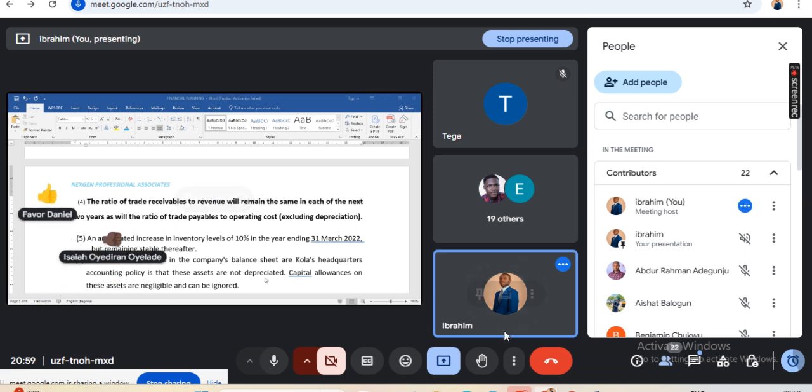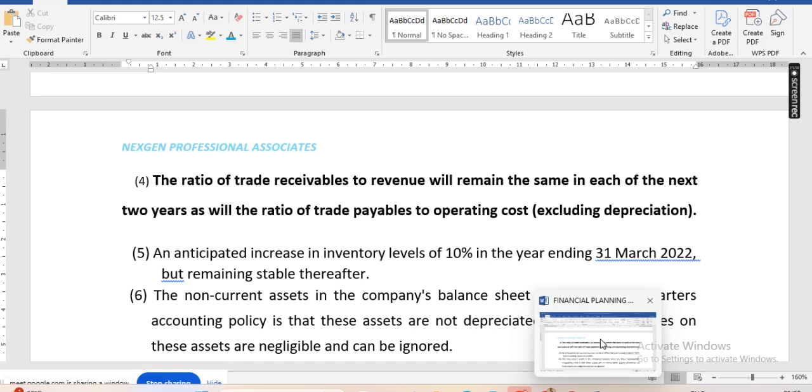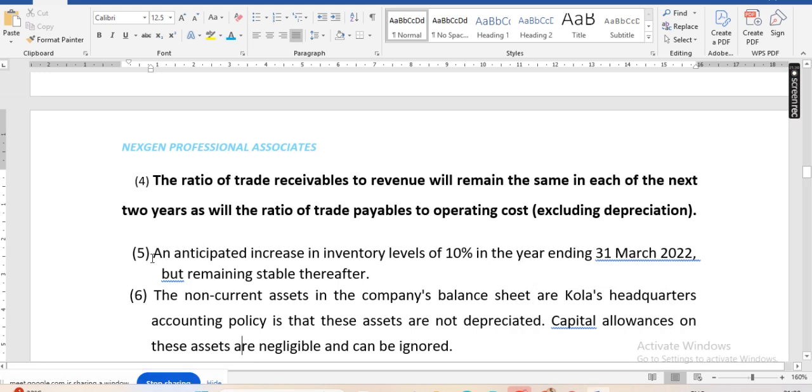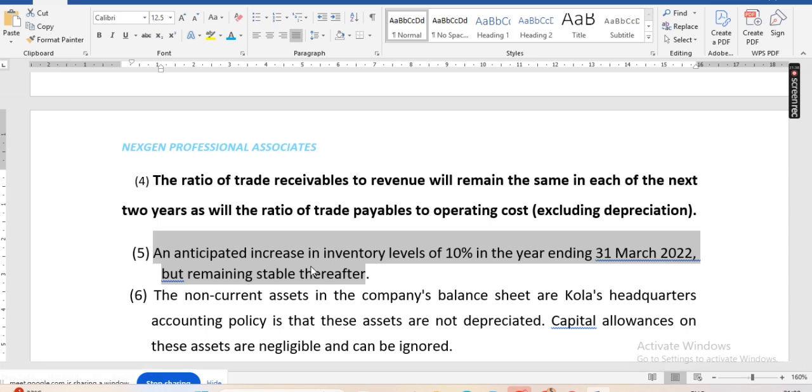Okay, that's fine. Now, if that is established, the next one is an anticipated increase in inventory levels. You can see the forecast. These are the projections they are talking about. Anticipated increase in inventory levels of 10% in the year ending 31st March 2022, but remaining stable thereafter.